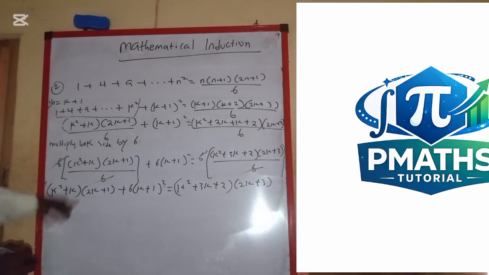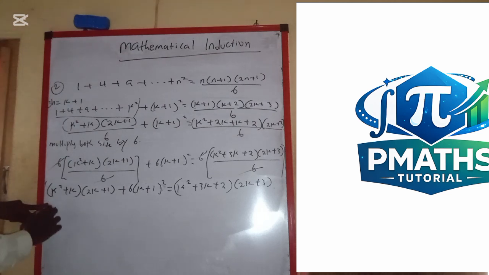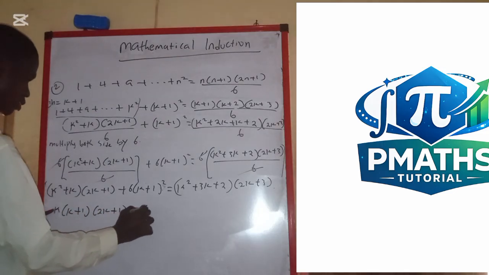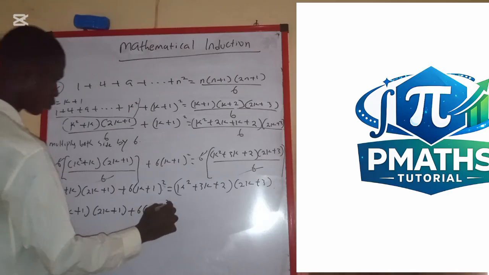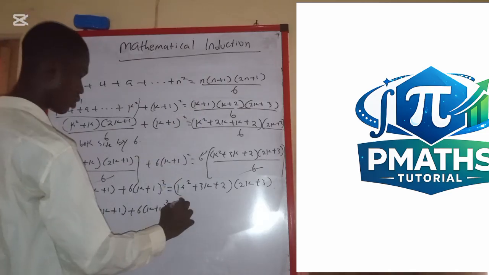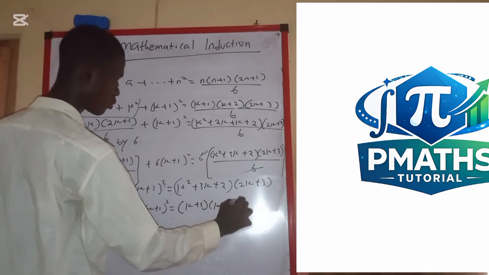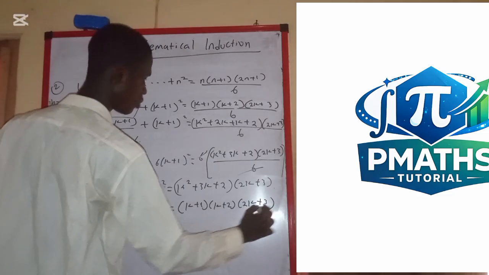So let's do it like this. If you simplify this, you get k times (k plus 1) times (2k plus 1) plus 6 times (k plus 1) squared, over... This will give us back (k plus 1)(k plus 2)(2k plus 3).